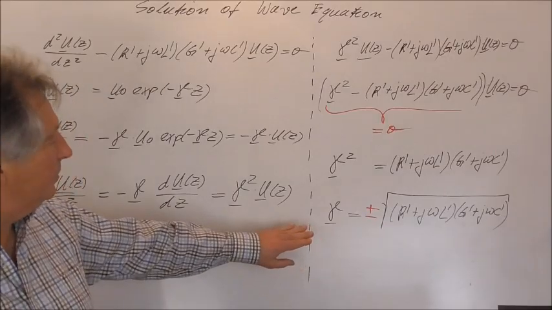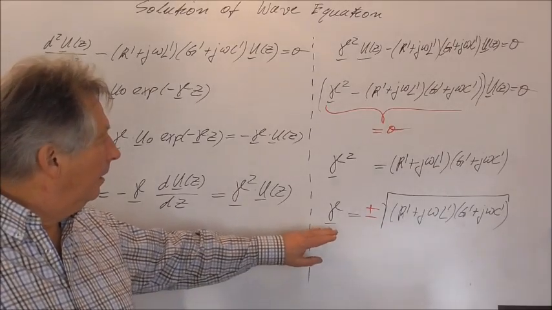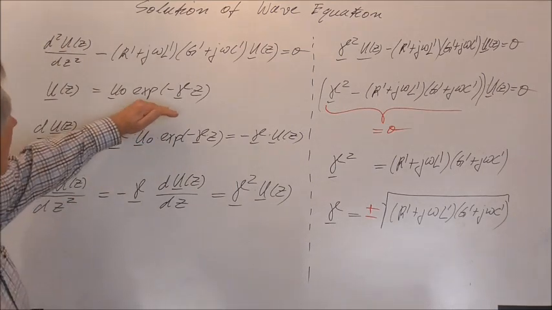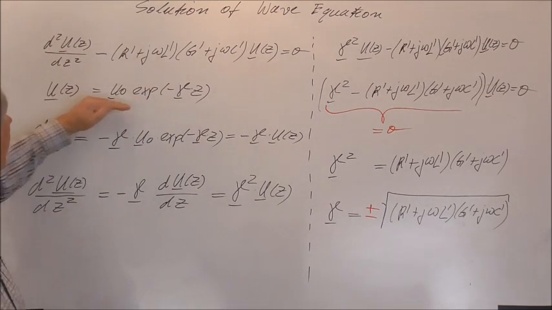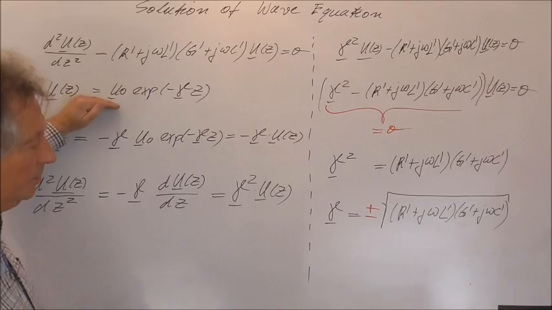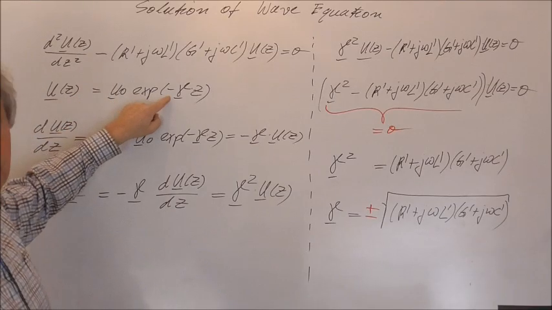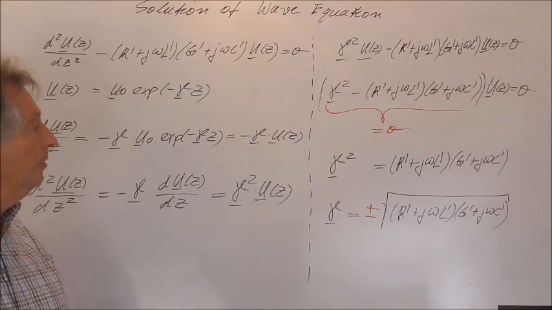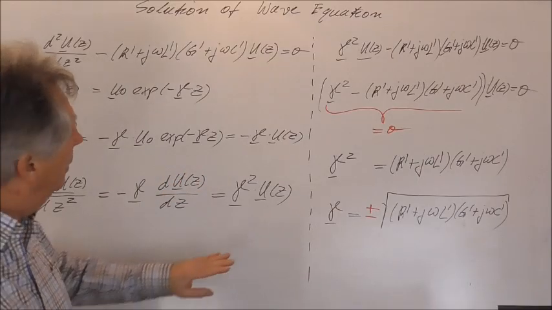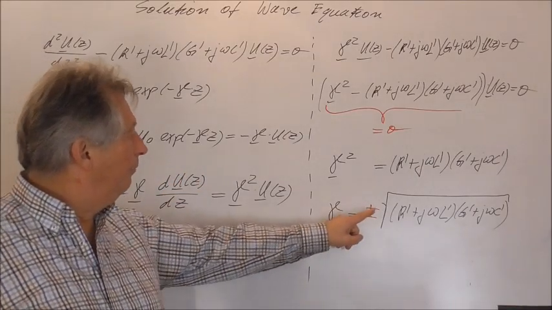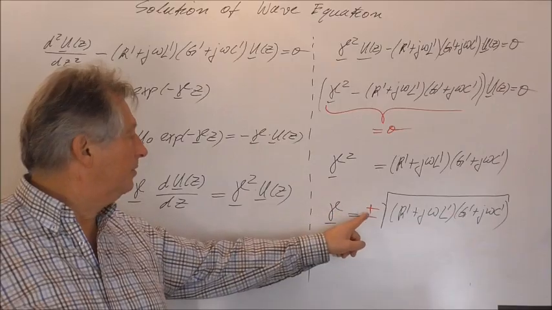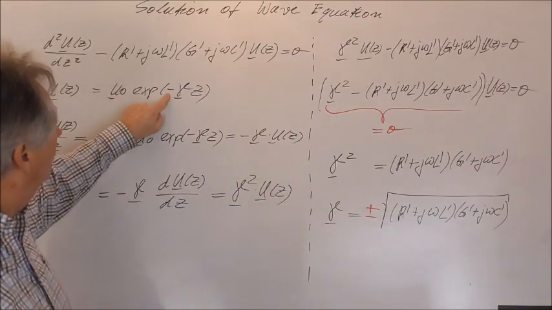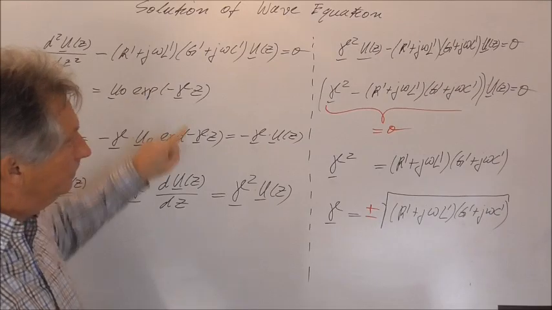As a result, we see that gamma can have two different values, and this means that we have in principle two possible solutions, one with a positive sign and one with a negative sign. In the following section we will first discuss gamma with a positive sign.